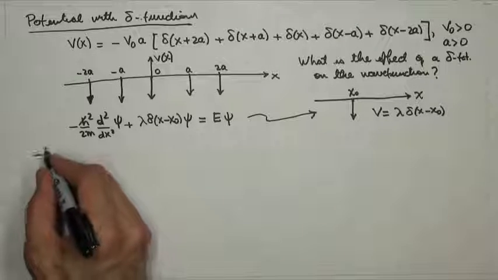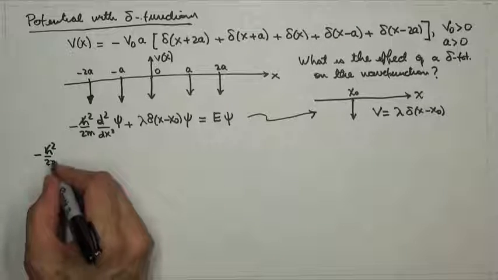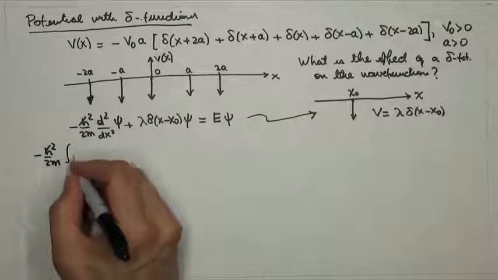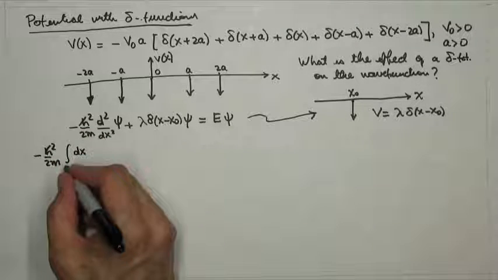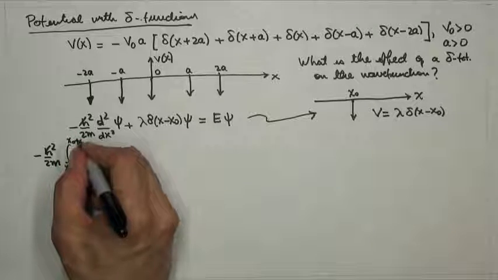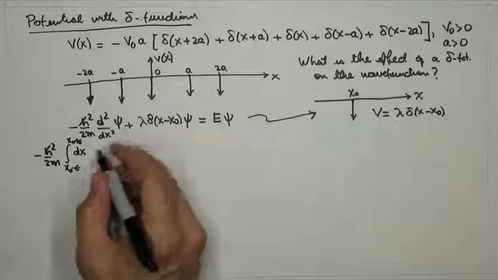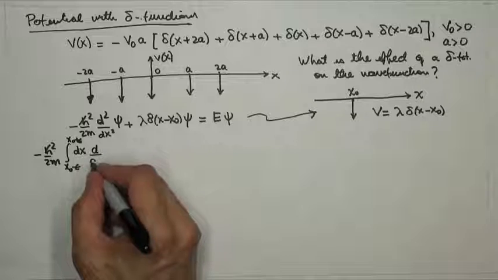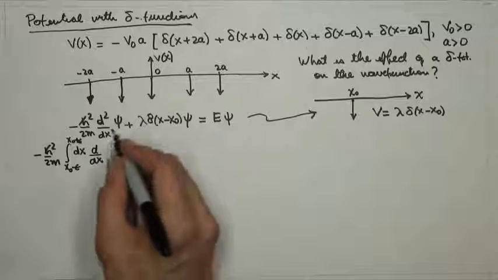We have minus h bar squared over 2m, integral dx from x0 minus epsilon to x0 plus epsilon of this thing, which is d/dx of psi.